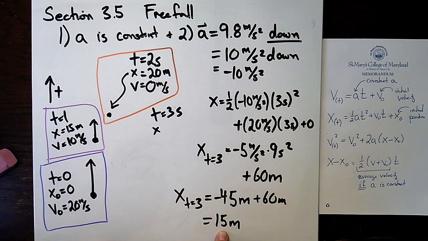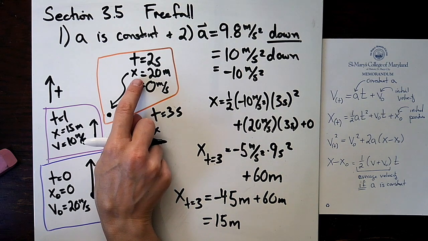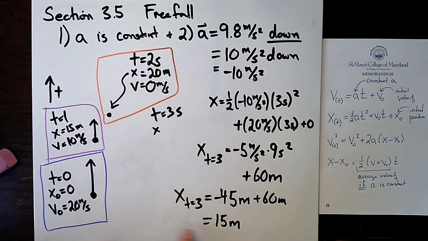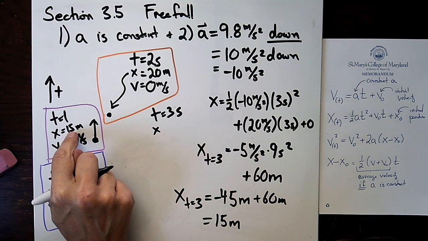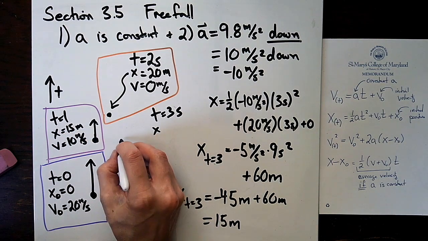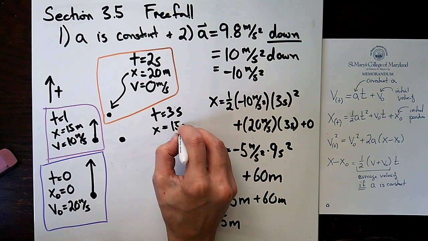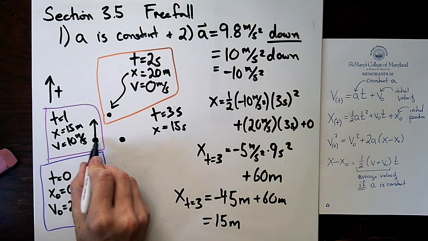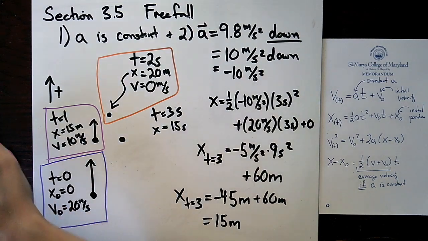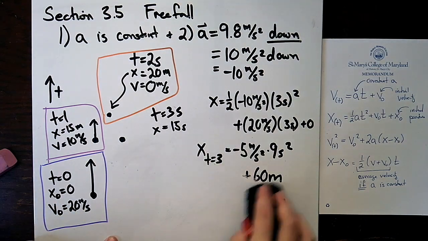So I've moved down. I was at 20 meters at second 2. At 3 seconds, I'm at 15 meters, which is actually the height I was at 1 second. So I'm right back where I was at the very first second after I was thrown. All right, let's do velocity.